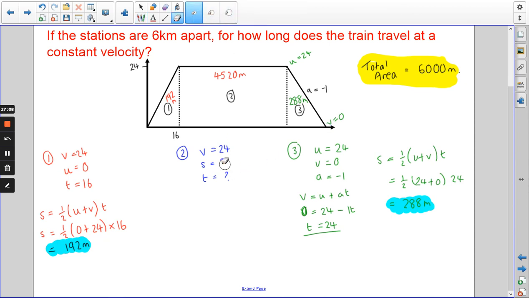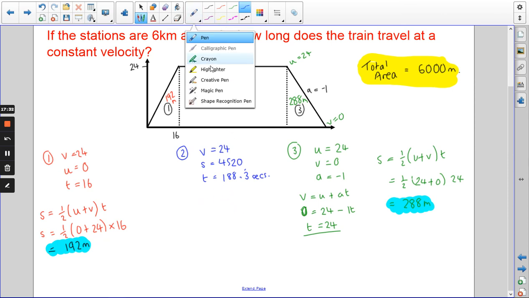Okay, so now I've got all the information I need down here. So 4,520. Time is distance over speed, or displacement divided by velocity. So if you do s divided by v now, you'll get 188.3 recurring seconds. So how long was the train travelling at a constant velocity?